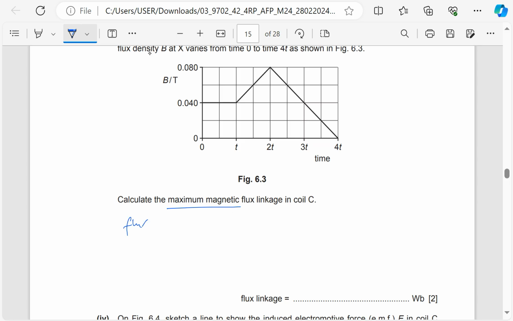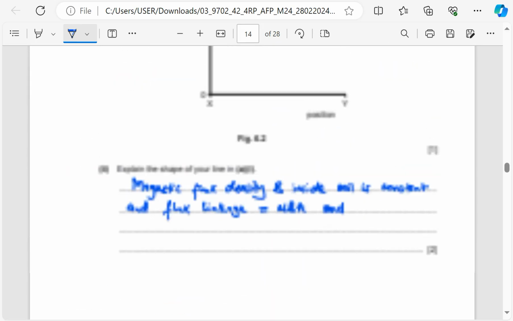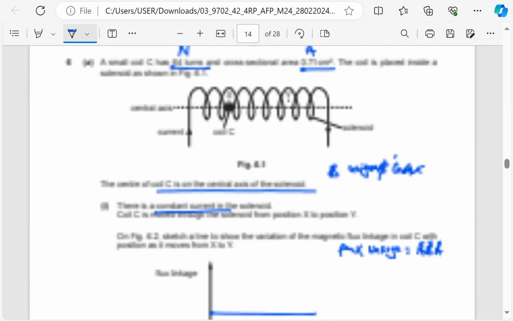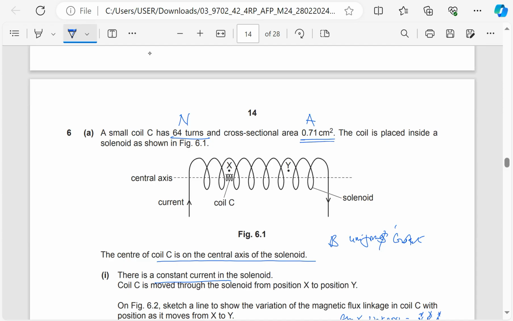Flux linkage is going to be equal to NBA, where B should be the maximum. So I'll substitute. Number of turns, I think it was 64. The maximum value of B is 0.080. The area was 0.71 centimeters squared.